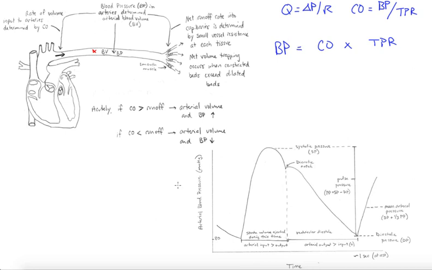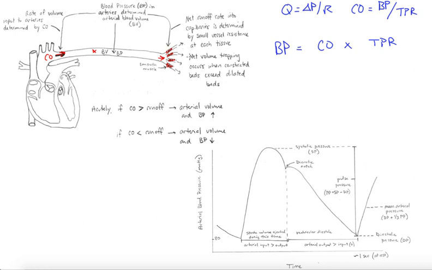Now, at a given instant, how much volume is in the arteries is determined by the ratio of the input to the output. The input is entirely cardiac output, whereas the output is determined by, as I have it here, the tension of the smooth muscle in the vascular circuits.